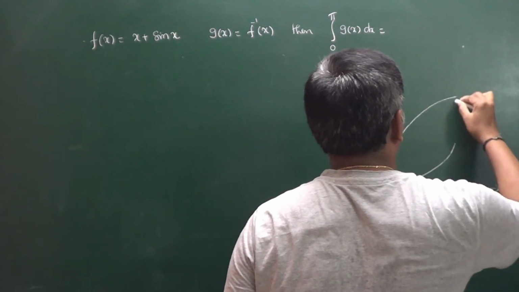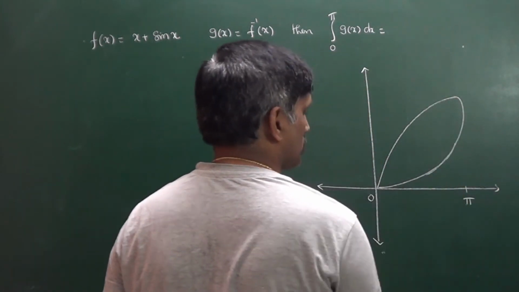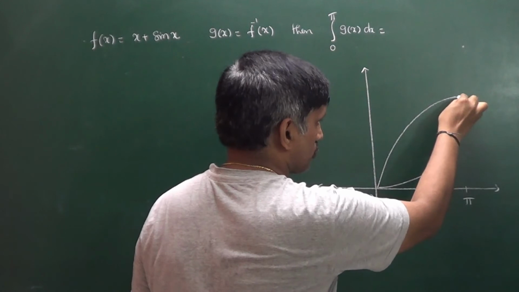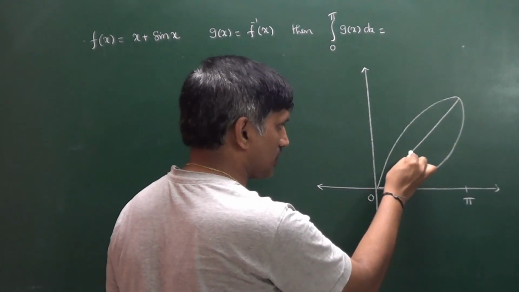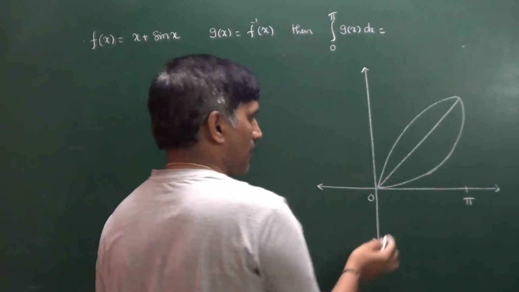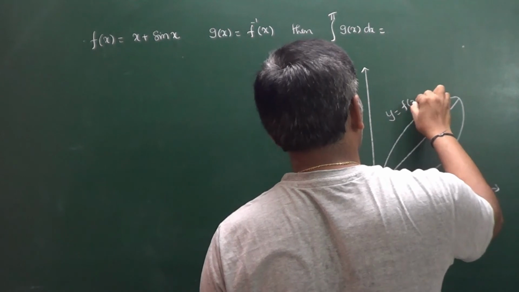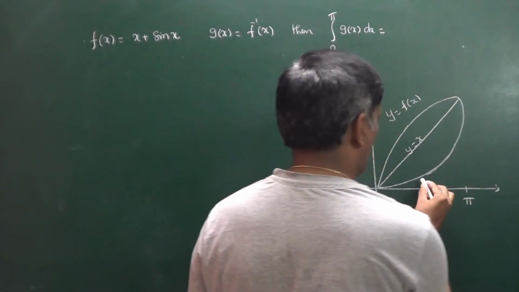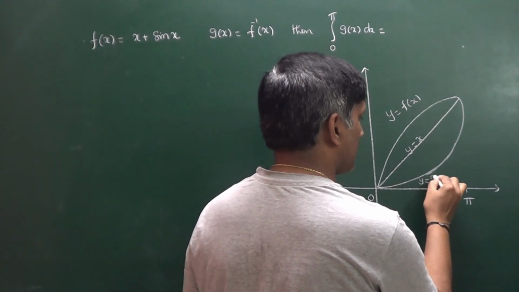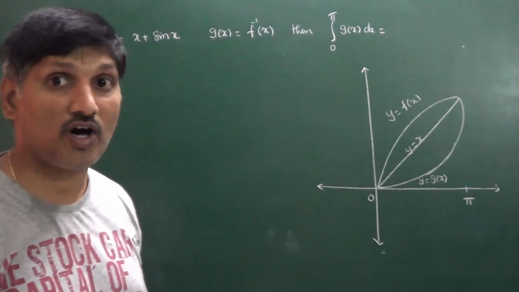This is the line y is equal to x. The upper portion is the graph of y is equal to f of x, and this is the line y is equal to x, and the lower portion is the graph of y is equal to g of x, that is, f inverse of x.